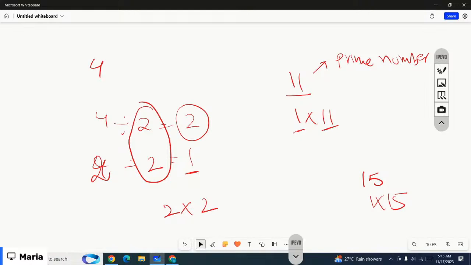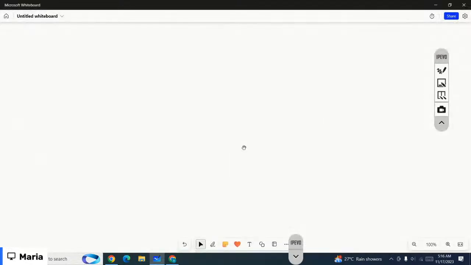Okay, I am going to speak very slowly. Now answer the questions I am asking. For example, you have the number 18. What are the factors of 18 other than 1 and 18? Which two numbers, when you multiply, make 18?